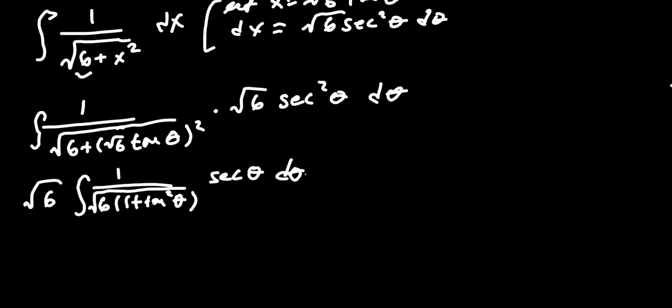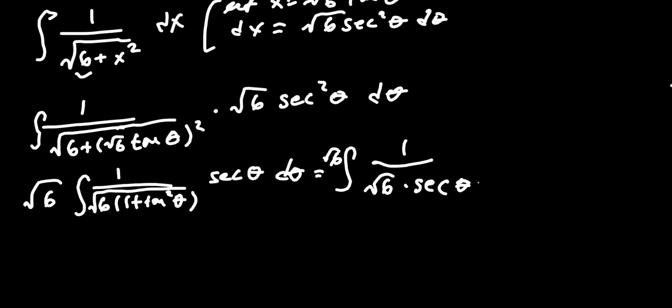Okay, now we just get the expression root 6 times 1 over the square root of 6 times, we have 1 plus tangent squared, and 1 plus tangent squared is equal to secant squared. So secant squared under square root is just secant theta.